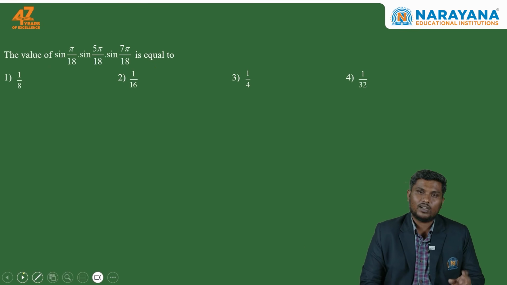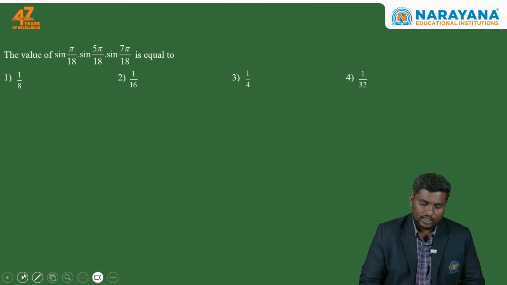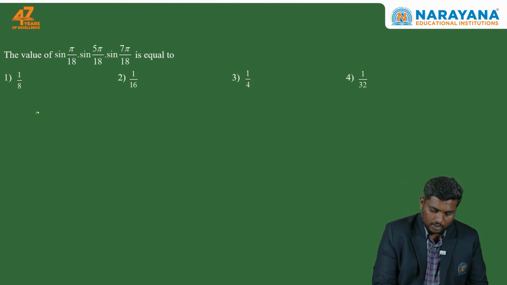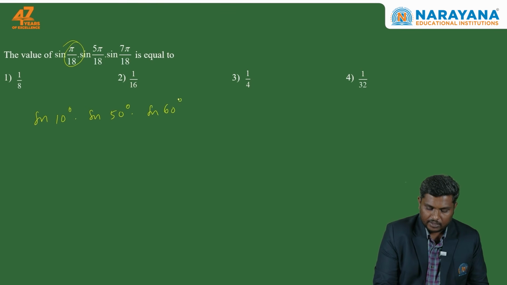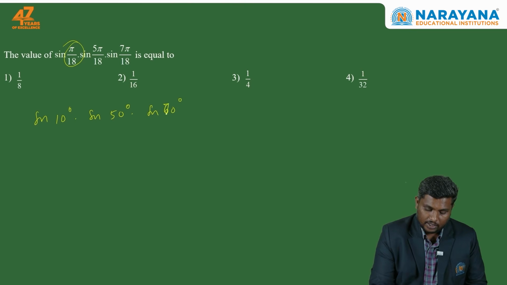Next question, once again a trigonometry formula based question. Once again the same repeated old model. If you have really learned something from phase 1, shift 1, or the previous year examinations, one could easily solve this question. So this question is, if you convert it into degrees, sine 10 degree, sine 50 degree, sine 70 degree.